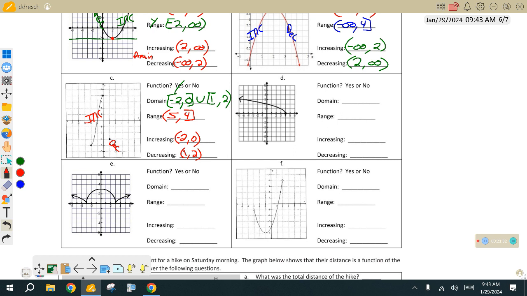All right, let's do one more here. Letter D. It's a function we've talked about before. That function is what we call the square root function. Now for that square root function, we have our domain. It's starting way out here.